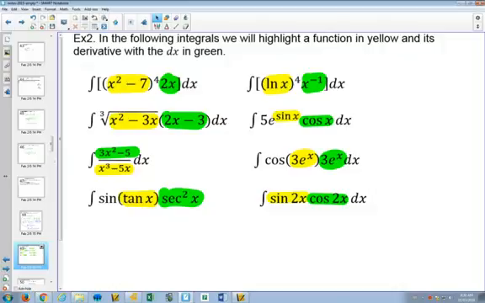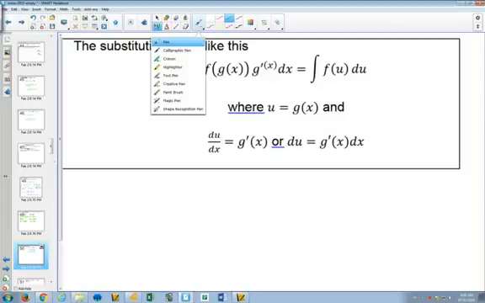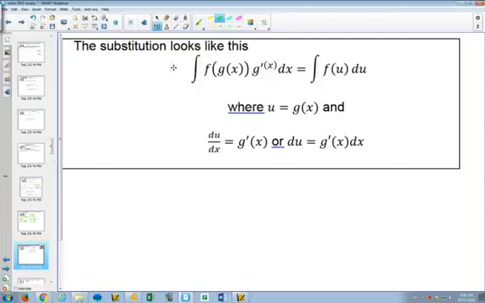So we have time to do one example of our chain rule. And this is what's going to happen with the substitution. Again, I'm going to highlight things here to make it easier to see. We're going to look for an integral where there's a function inside of another function, and we're going to look for its derivative.